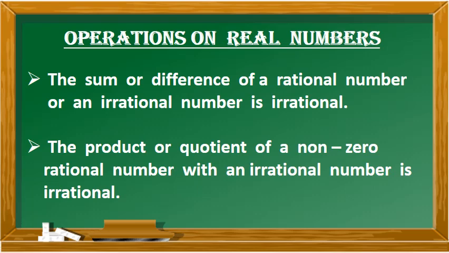Take an example for product. 3 into root 5. 3 is a rational number, root 5 is an irrational number. So when you multiply a rational number with an irrational number that is non-terminating, non-recurring, you will get the product as non-terminating, non-recurring only, that is irrational.